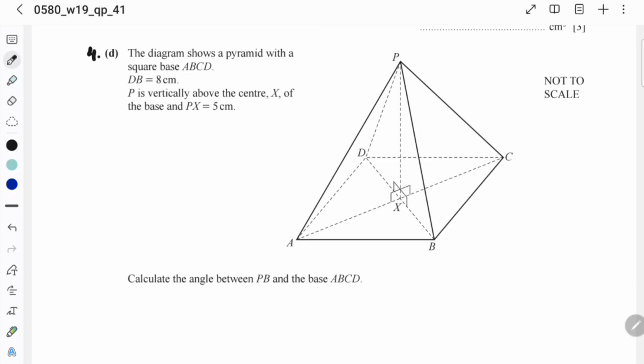DB is 8 centimeters, and X is in the middle, so it will be 4 and 4 centimeters here.